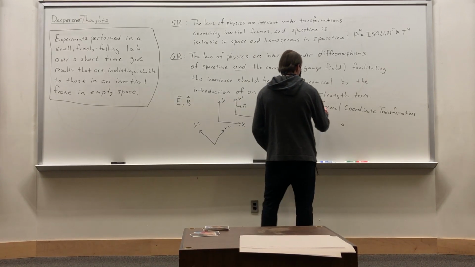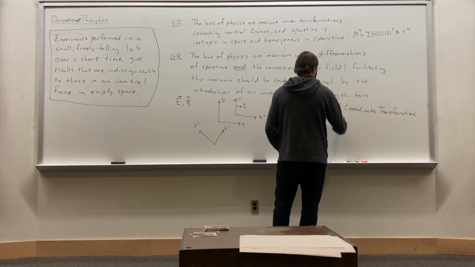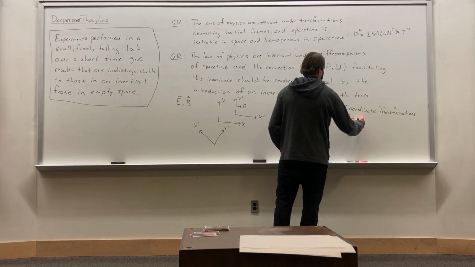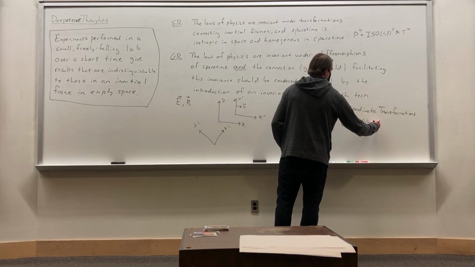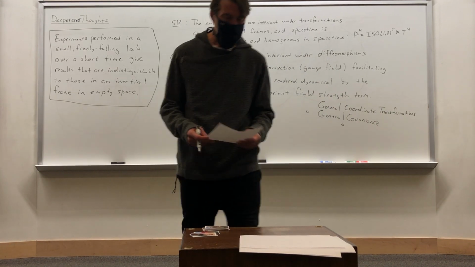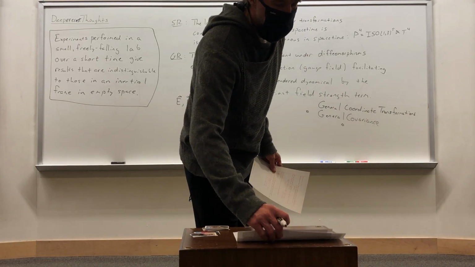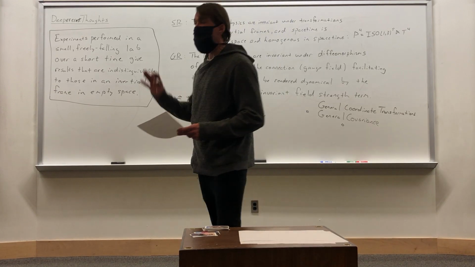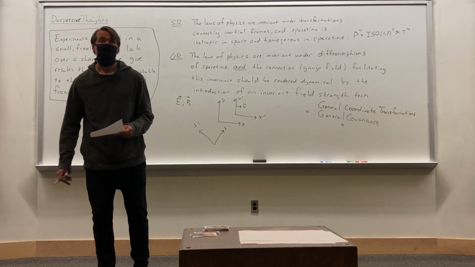We call that general covariance. I'm throwing some words out that you might or might not have heard of, but I just want to get you familiar with them, and we'll dive into all of this in great detail, okay?